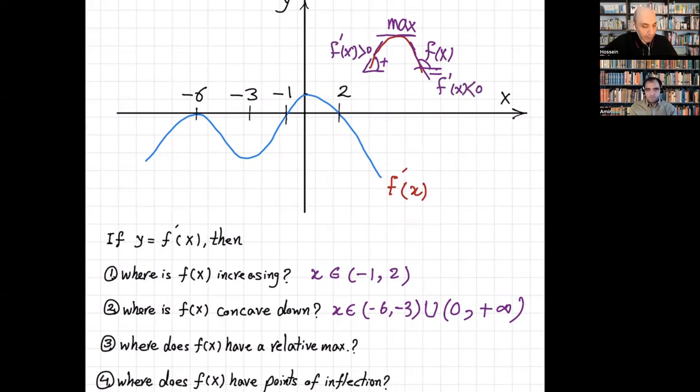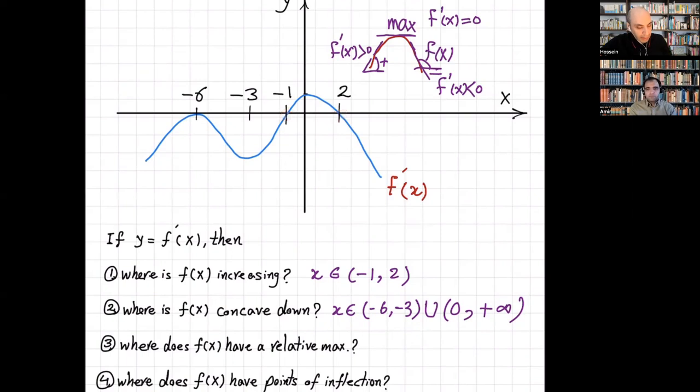So if we look at the graph that we have, which is f prime of x. Oh, and another thing is that at the maximum point, f prime of x is 0. That's correct. So that means we need to look at the points where the curve of f prime of x intersects the x-axis, which is this point and this point.